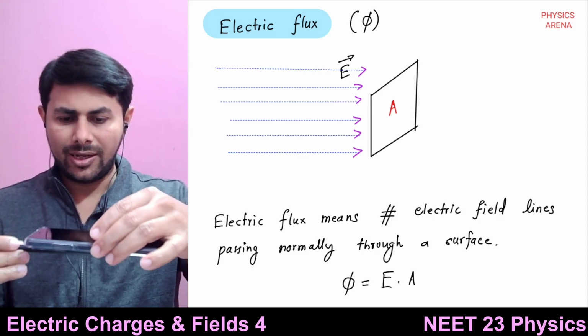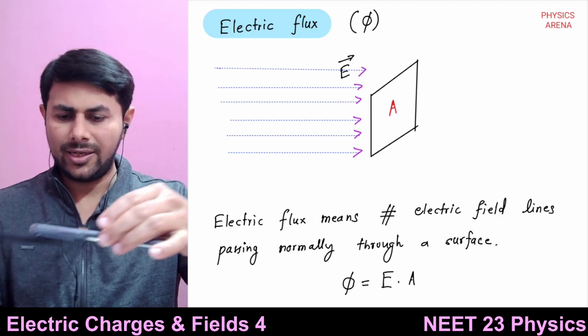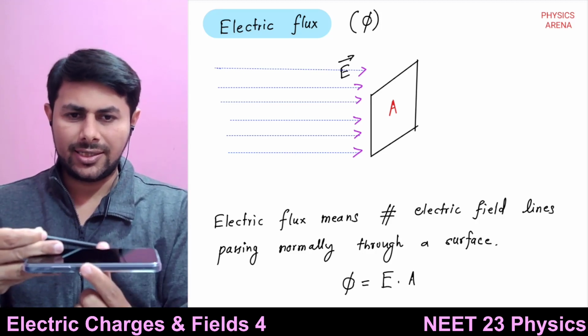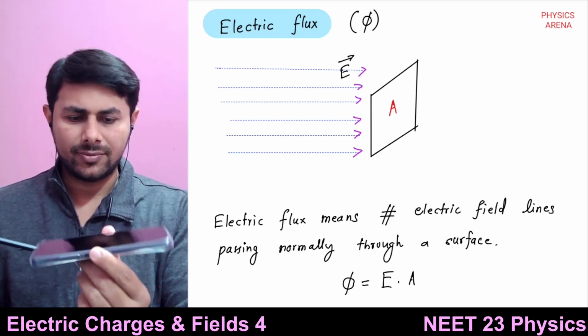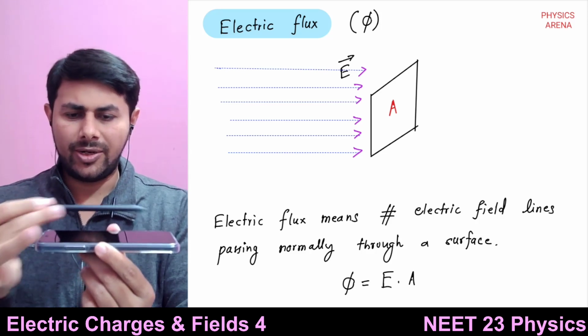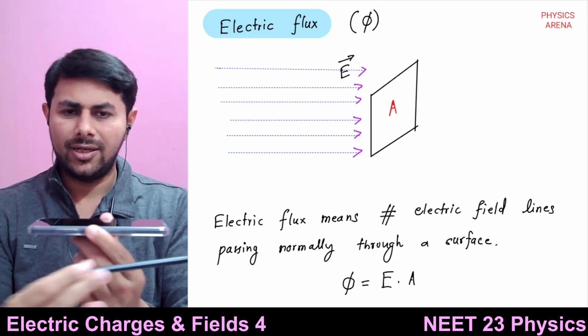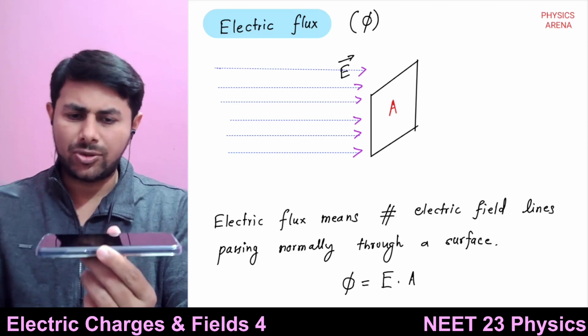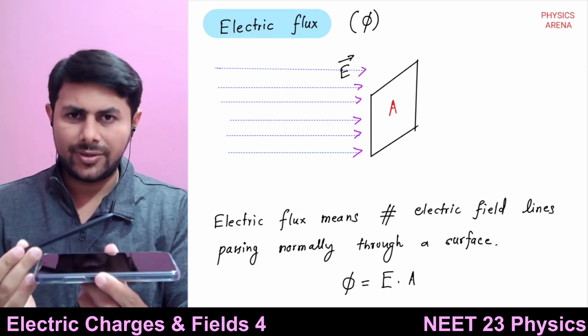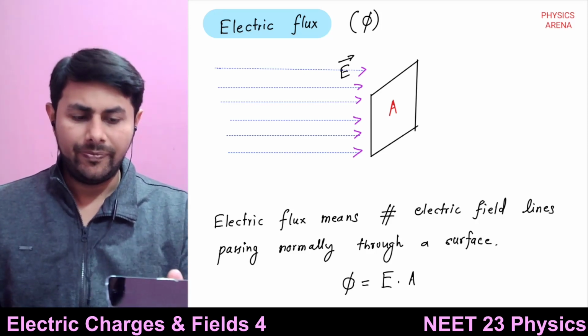If you keep the area like this, and the electric field lines are passing like this, are any electric field lines passing through the area? They are not. Okay.